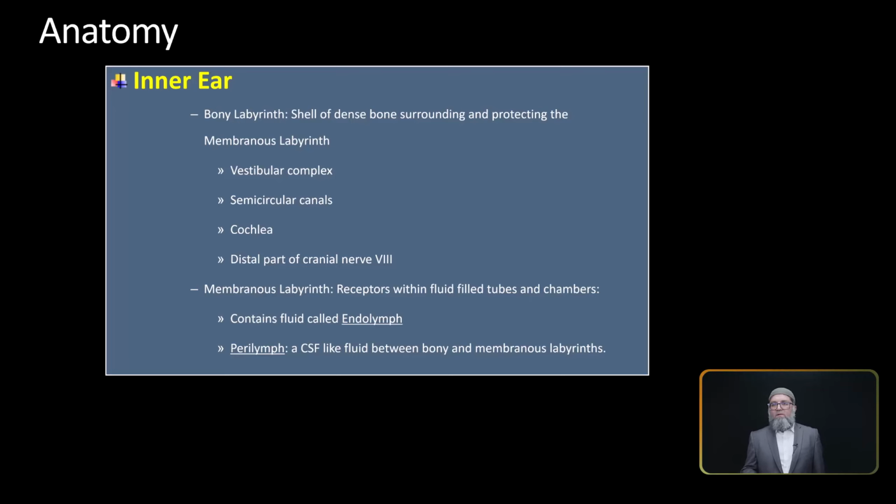These form the vestibular complex, semicircular canals, cochlea, and distal part of the auditory nerve. The membranous labyrinth has fluid-filled tubes and chambers and contains fluid called endolymph, and perilymph is a CSF-like fluid between the bony and membranous parts. So inside the membranes we have endolymph, and between the membranous and bony we have perilymph.